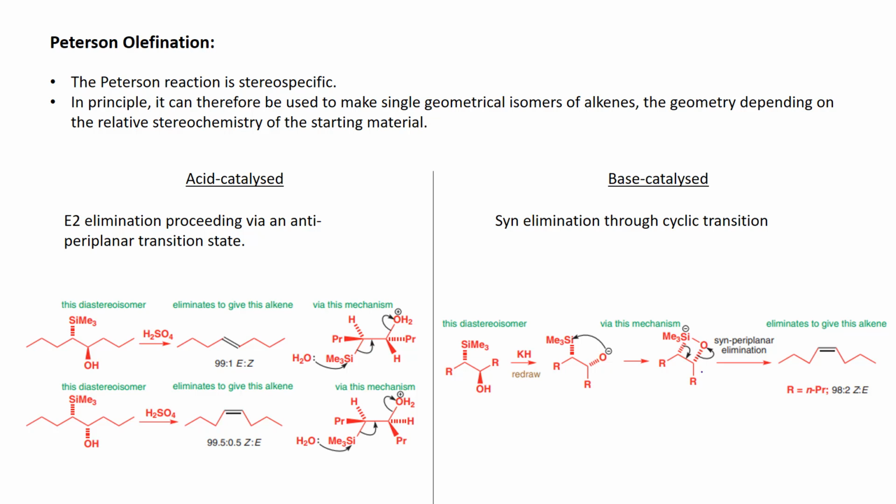Now if the reaction is acid catalyzed, E2 elimination will take place. What will happen in this case? If it is acid catalyzed, OH will be protonated to transform into a good leaving group, OH2 plus. Then through an E2 elimination type, this one will come here and it will get removed.